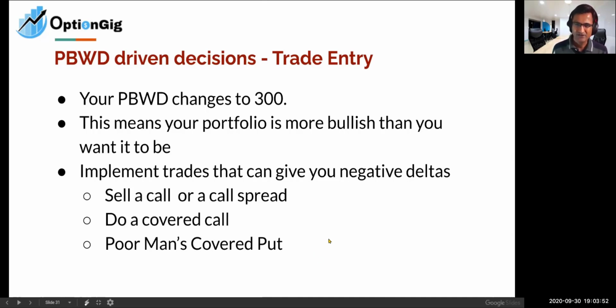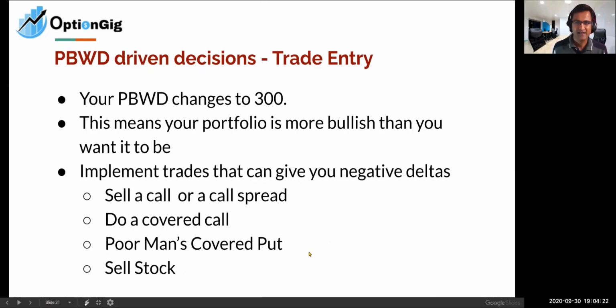If you are very bullish on another ticker, maybe hold on for now because your overall portfolio has already become too bullish. Or to get negative deltas, you can sell stock. But mind you, when you sell a stock, you will have tax implications based on when you bought the stock. So this may not always be the most appropriate method, but it will give you negative delta.